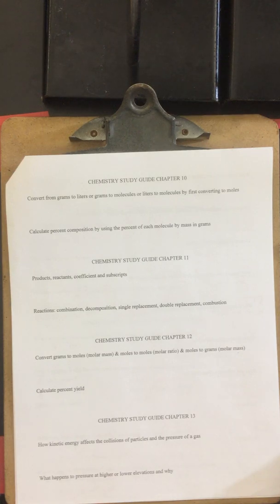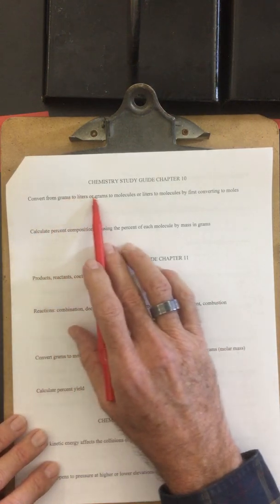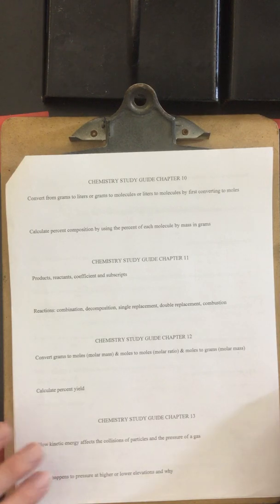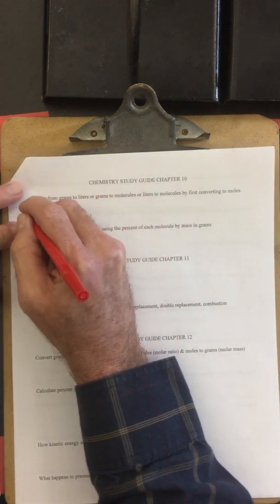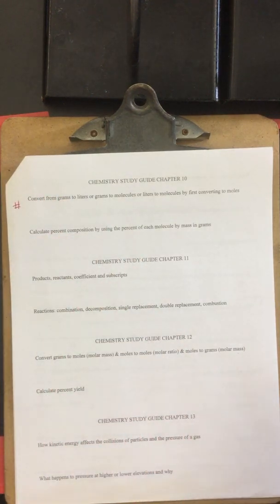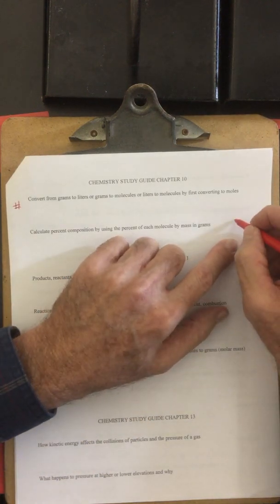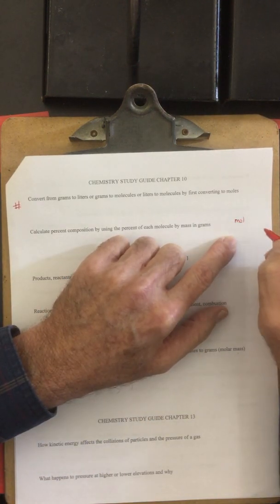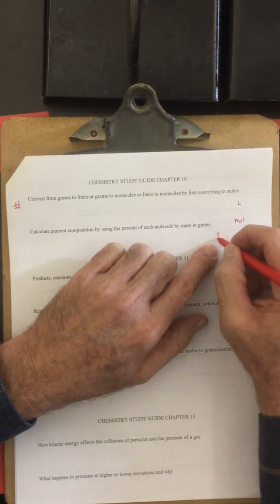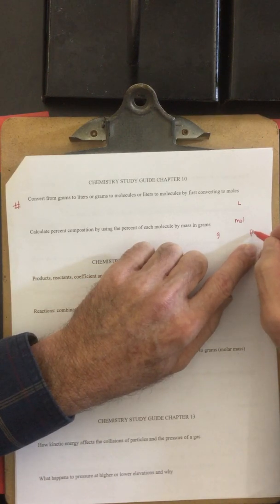So convert from grams to liters or grams to molecules or liters to molecules by first converting to moles. This is mole city. So this is going to be a numerical problem right here. So to remind you, here is mole city right here. And we have liters, and we have grams, and we have particles over here.